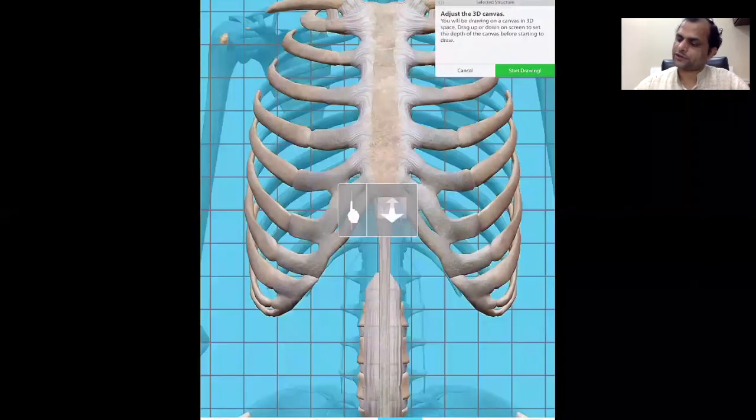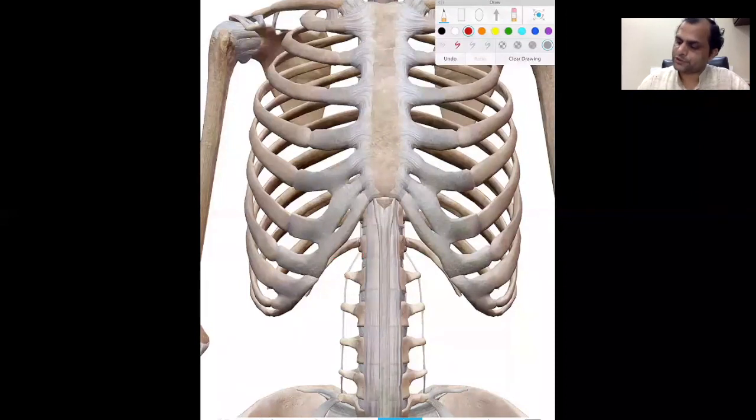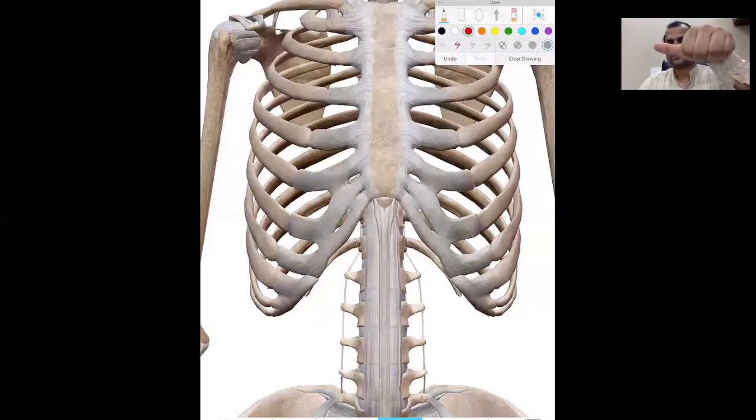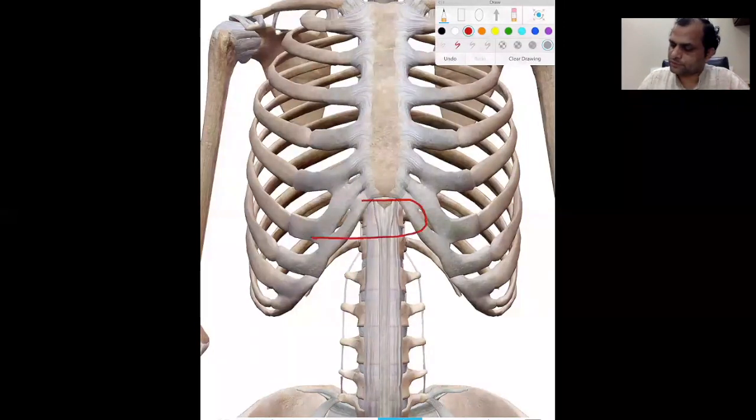So what is another way to find the heart? This is a thumb width. Keep one thumb here. Near about one thumb width is the brain. And after that, this is the heart.